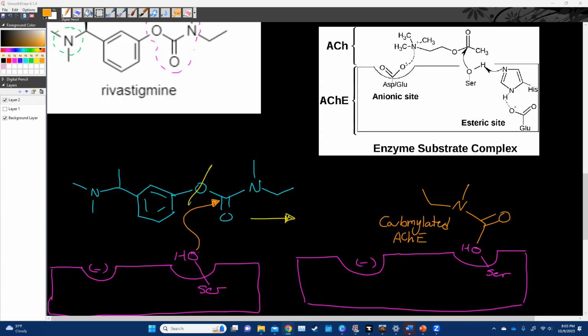This is why it's really important for the acetylcholinesterase inhibitors to have this carbamate moiety on it. We're going to talk about a couple of different drugs in just a second. But does that make sense? Any questions about this? Okay, sweet.